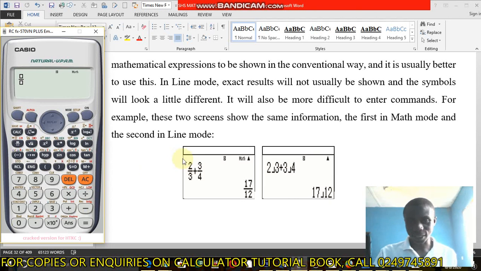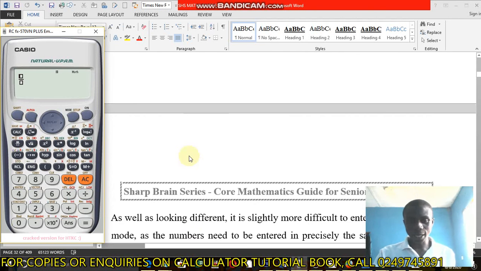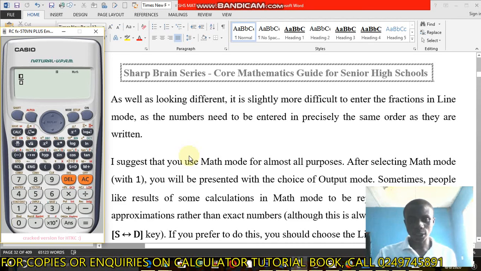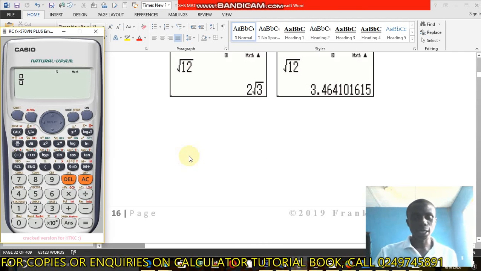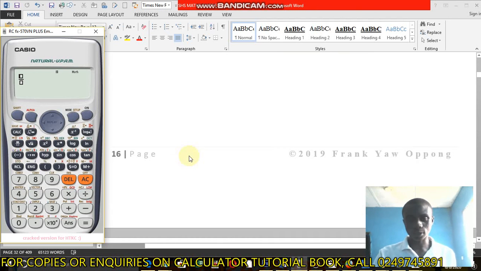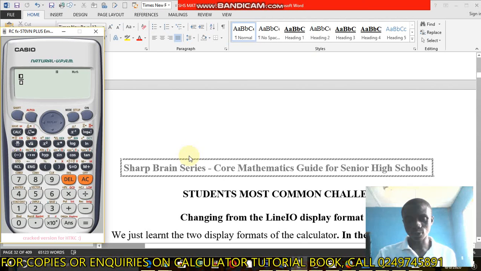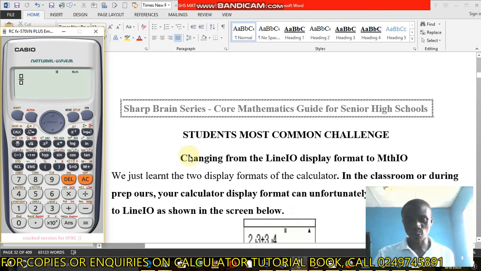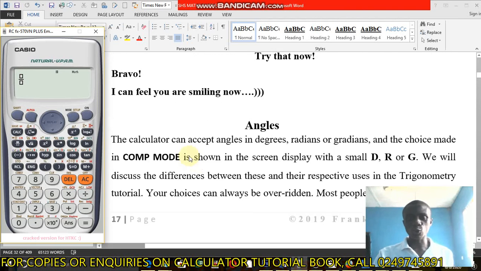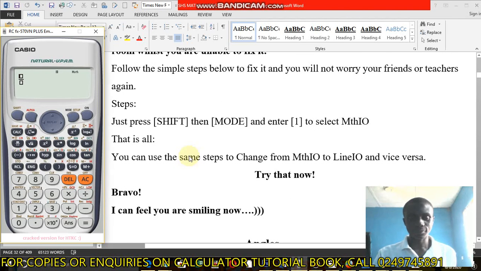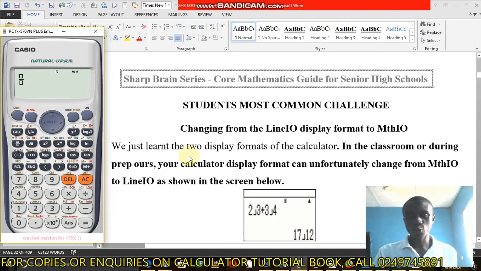So when you get to school, when your friends have these challenges in the classroom, you should be able to solve their problems for them and put smiles on their faces. So that is how we were able to change from the line mode to the math mode, and from the math mode to the line mode.